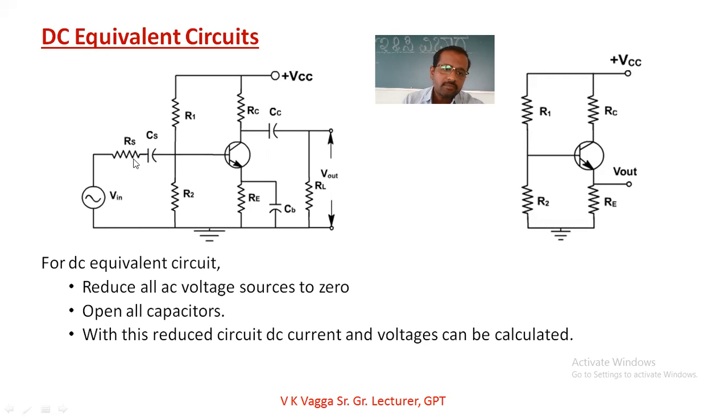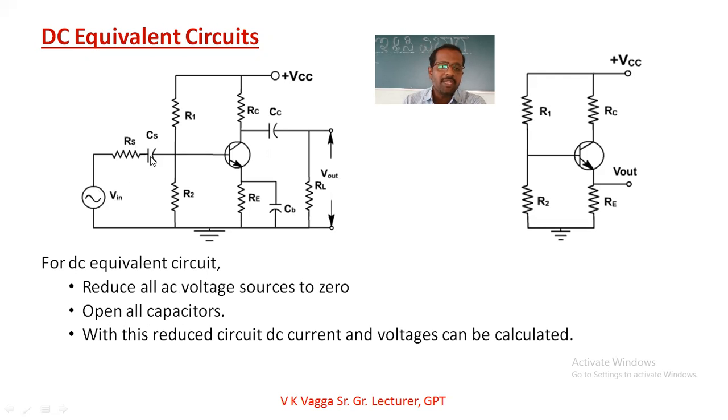See here, as per the condition, in order to obtain the DC equivalent circuit, the first point is that the AC voltage source is to be made zero. So the input voltage V in, which is AC, is made zero, and afterwards it asks to open the capacitor.